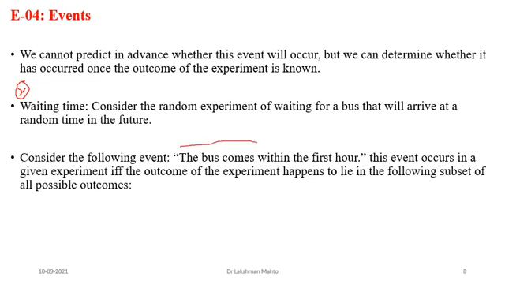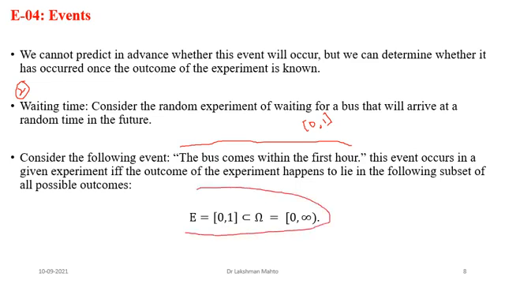Within the first hour, what does it mean? It is talking about an interval. So the event would be the interval 0 to 1. This is the first hour. This highlighted part is the event, and it is already written here. This is the event in this example.